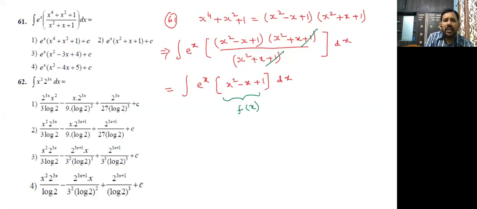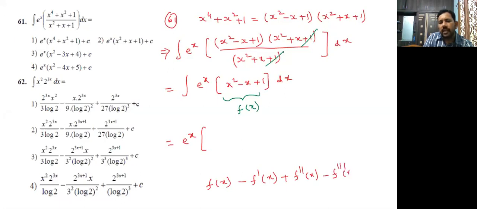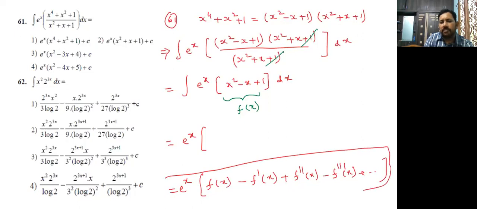Okay, now apply the formula: e power x into, first what we have to write, f of x minus f dash of x plus f double dash of x minus f triple dash of x plus and so on like this, into e power x. This is a formula actually, integration e power x f of x dx. Students, are you understood?